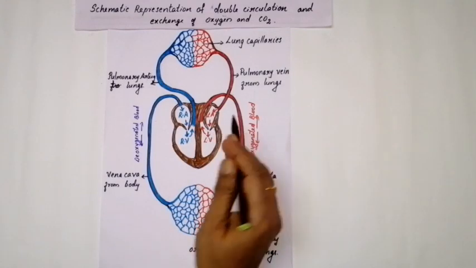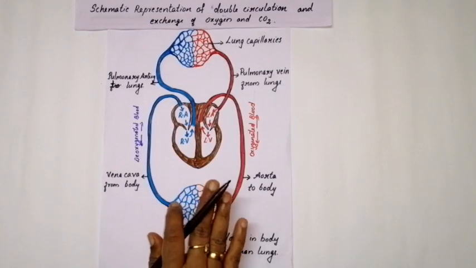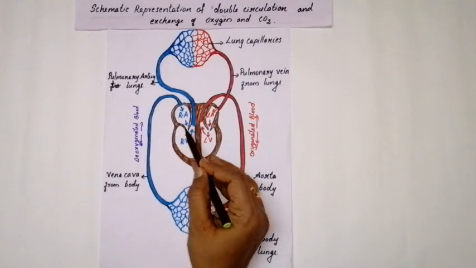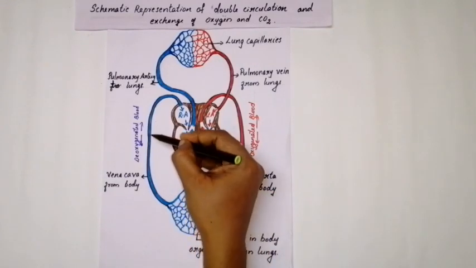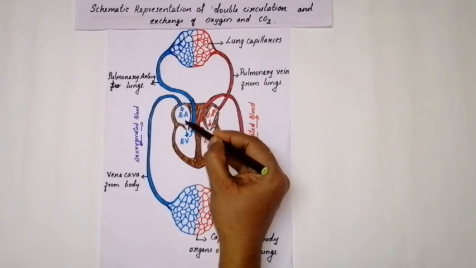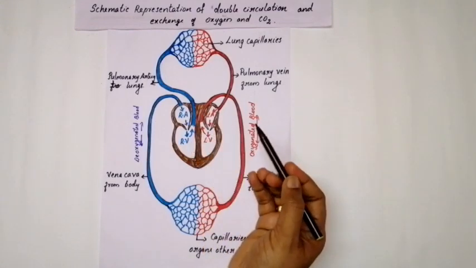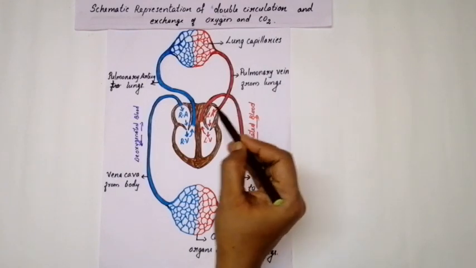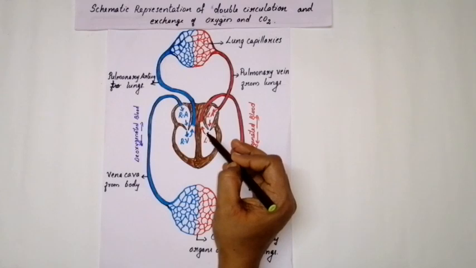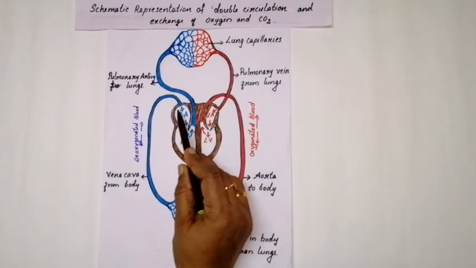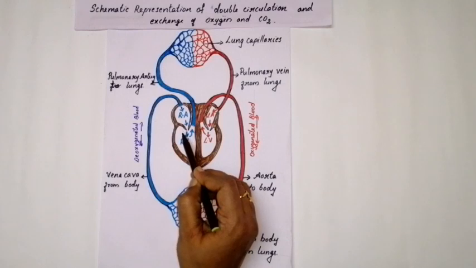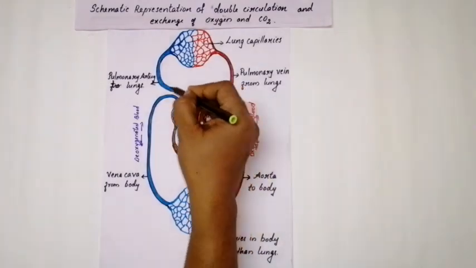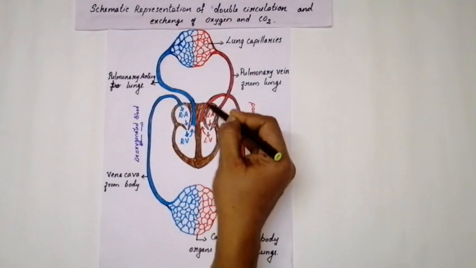Now see children, in this one circulation or in a cardiac cycle, how many times does the blood pass into the heart? Here deoxygenated blood passes into the heart or right auricle. Now the pulmonary vein carries the pure blood and it enters into the left auricle. So 2 times the blood passes or enters into the heart and is collected back to the pulmonary artery and the aorta.